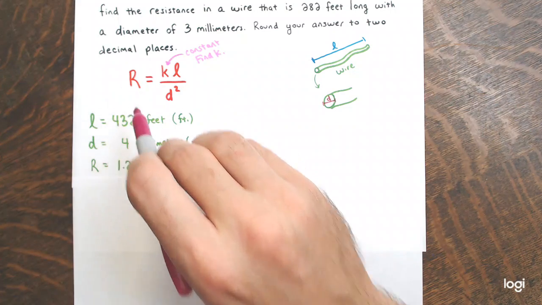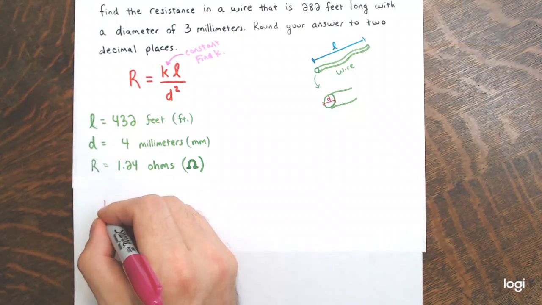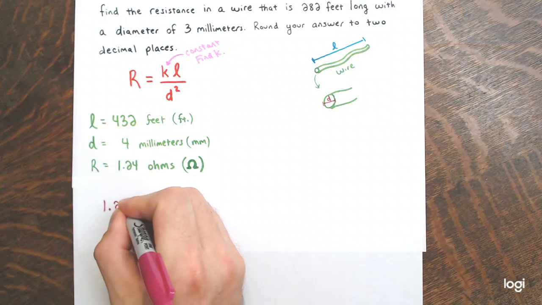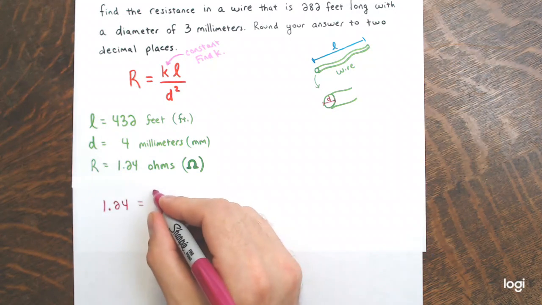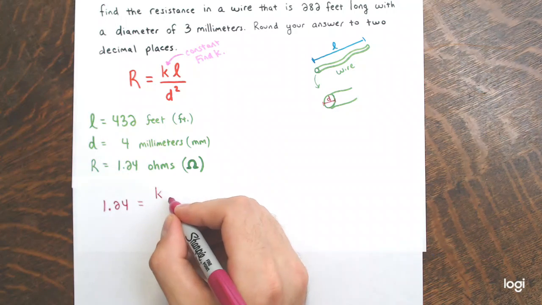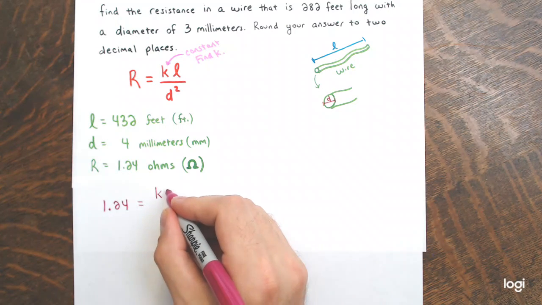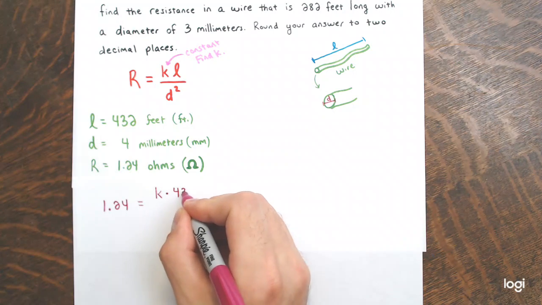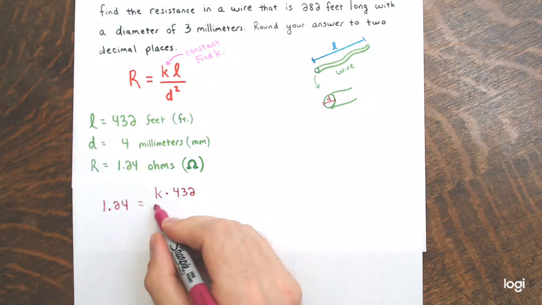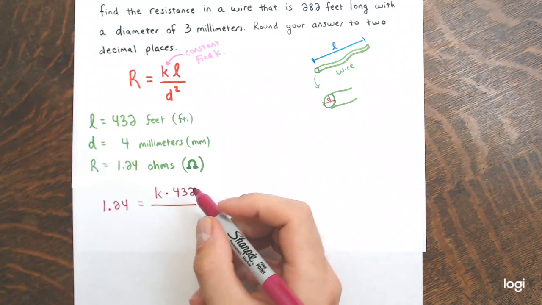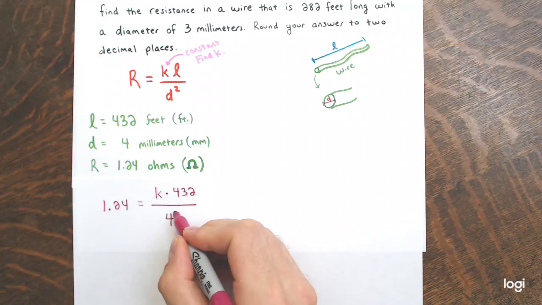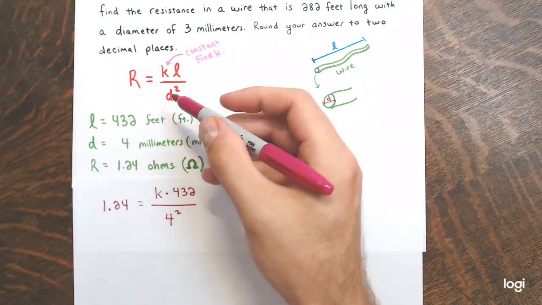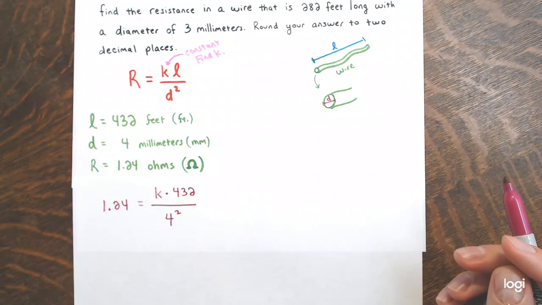So the resistance we know is 1.24 ohms, 1.24 on the left side, equals the value of k that I don't know, times L, 432 feet, or just 432, divided by 4 squared, right? The diameter squared in the denominator there, the diameter being 4 millimeters.